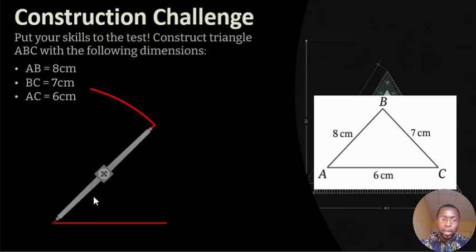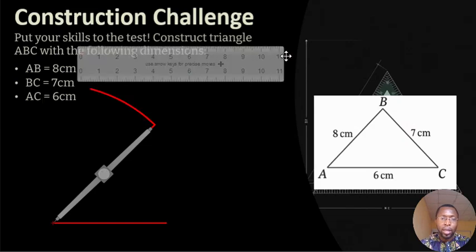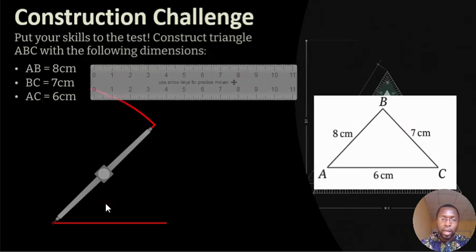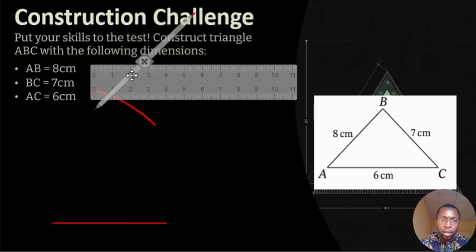Then again I bring in my ruler to measure the 7 centimeter side. My ruler comes in again, and I take my compass to the ruler to get 7 centimeters. I can rotate my ruler to a horizontal position to be able to get that 7 centimeters. I take it to the 0 centimeter tip of the ruler.